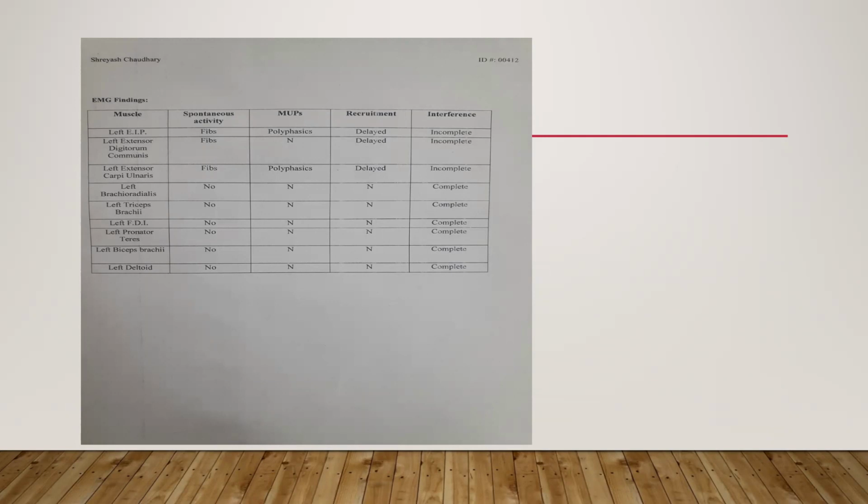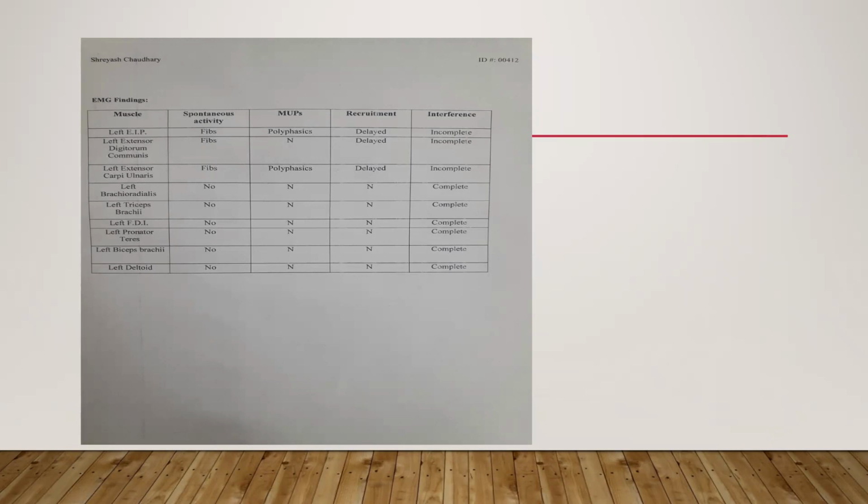Left brachioradialis, left triceps, first dorsal interosseous, left pronator teres, and deltoid are all normal, ma'am. So extensor indicis proprius, extensor digitorum communis, and extensor carpi ulnaris are involved. So it is PIN, posterior interosseous neuropathy.